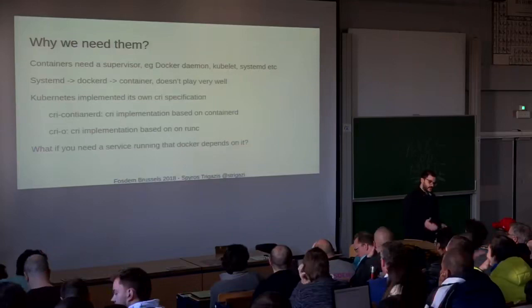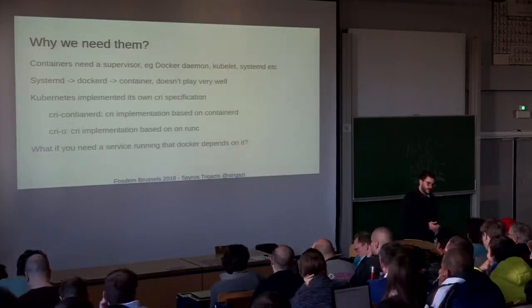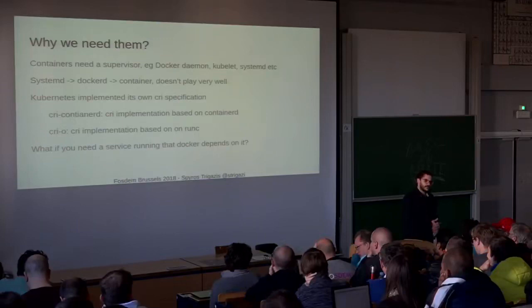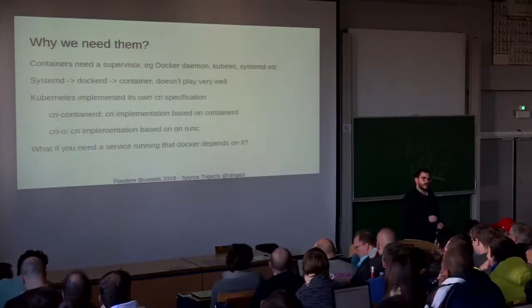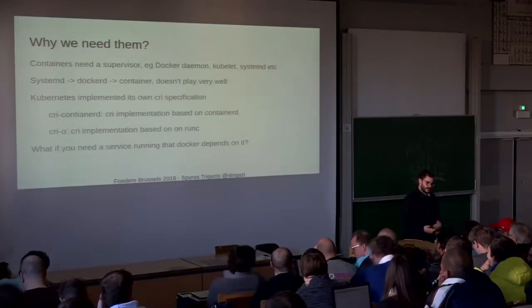Another use case is Kubernetes. Kubernetes was initially started by talking to Docker, but that again meant it was doing API calls to the Docker daemon. So in Kubernetes, the component that creates the actual containers, which is kubelet, they created the CRI specification. And there are a couple of CRI specification implementations.